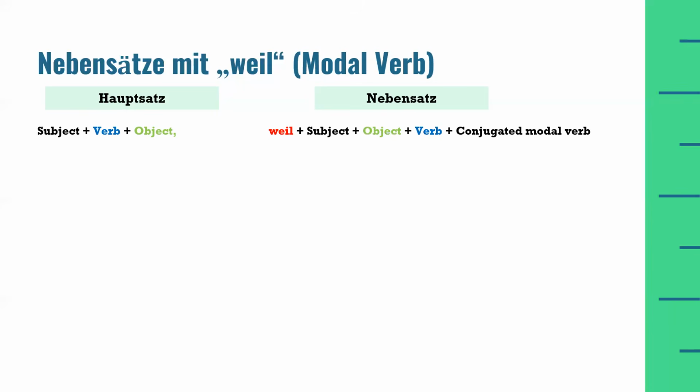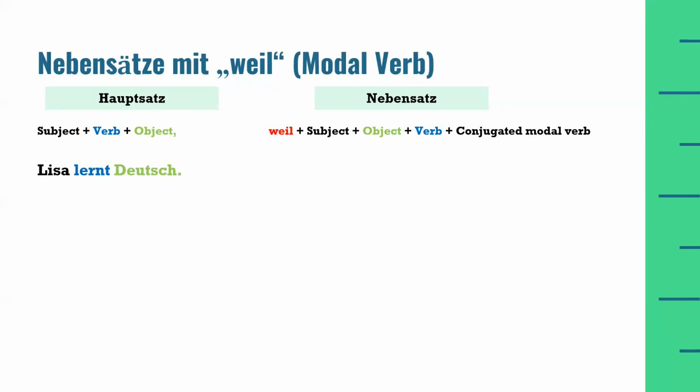At the third position, we have the object, then comes the verb in the infinitive form, because we know that whenever we have to use a modal verb, we will use the verb in the infinitive form or in the main form. At the last position of the sentence, we have to use the modal verb, and we have to conjugate the modal verb with respect to the subject of the sentence, which is at the second position in the Nebensatz.